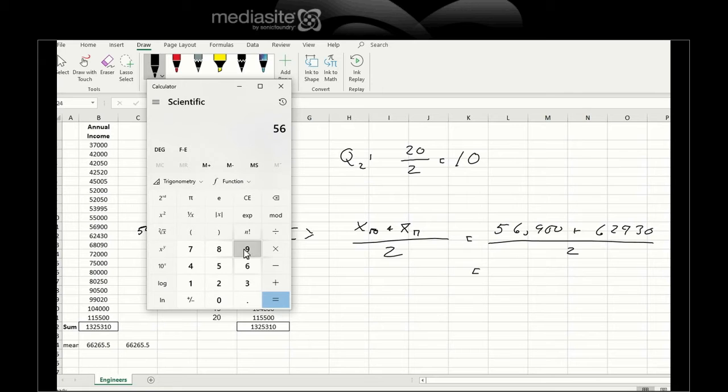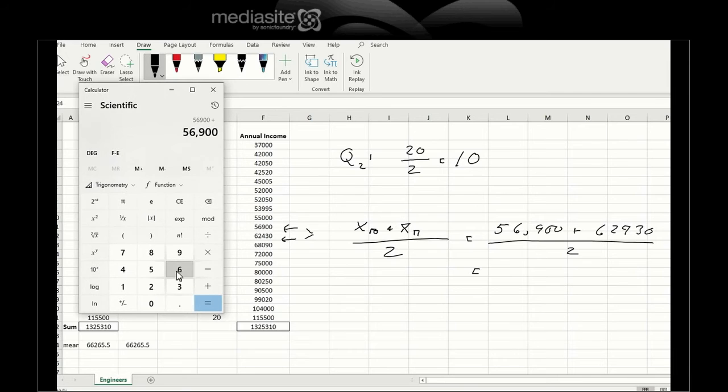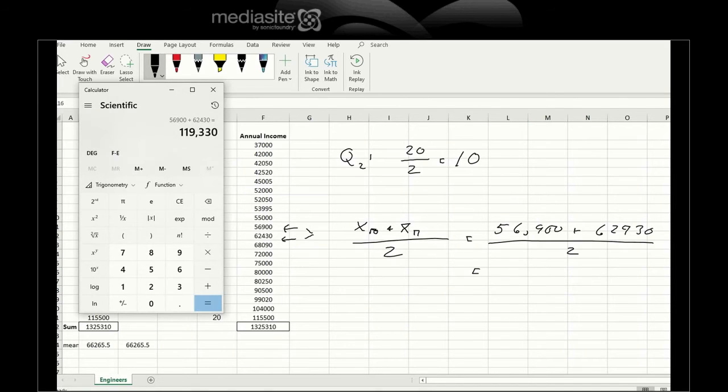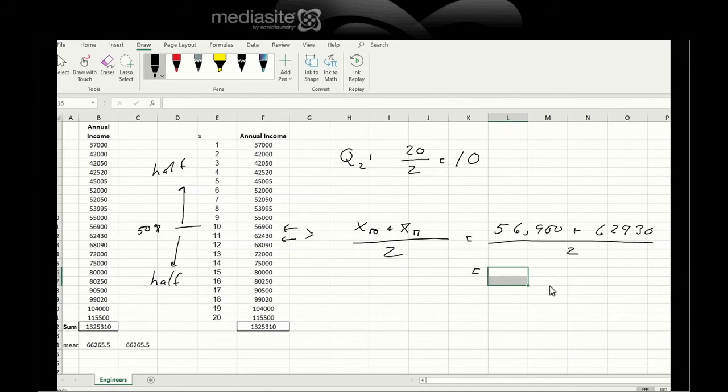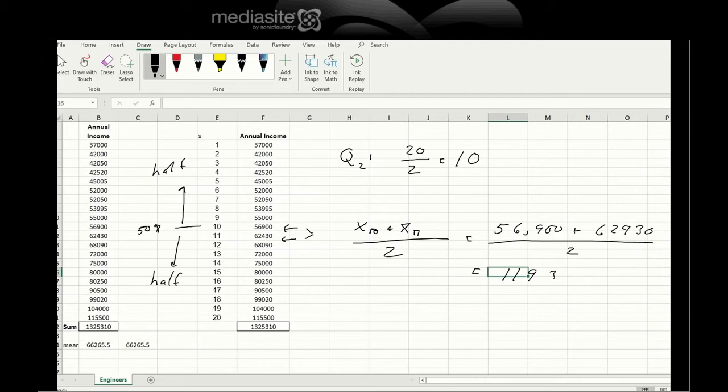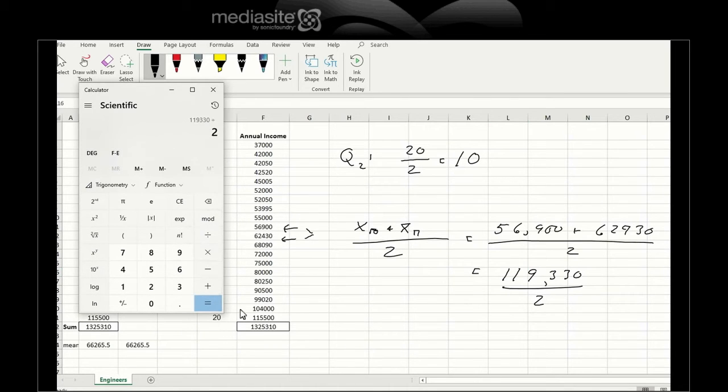Okay, so 56,900 plus 62,430 is 119,330, divided by 2, or 59,665.